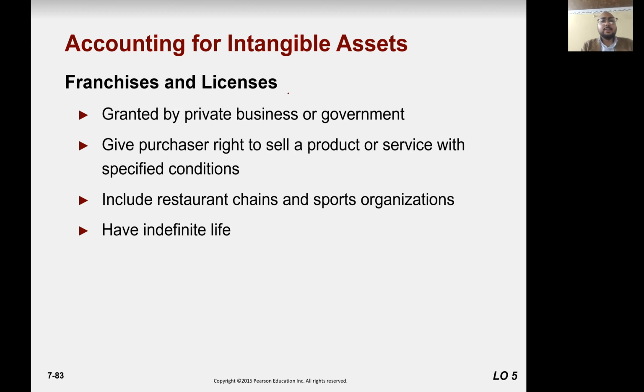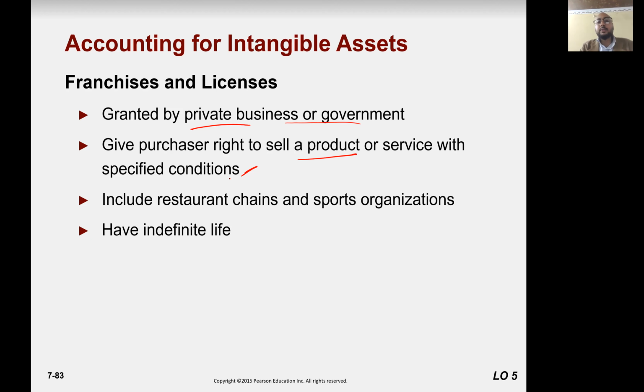Franchise and licensing, these are granted by private businesses or government, give the purchaser the right to sell the product with specified conditions. So if I am selling the product in Shanghai, I give another person the right to sell my product or my name in Beijing. So I sell my franchise or license.